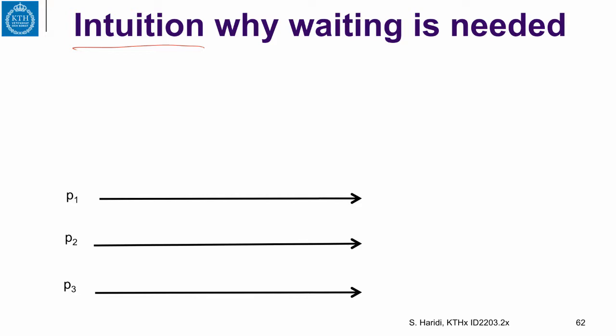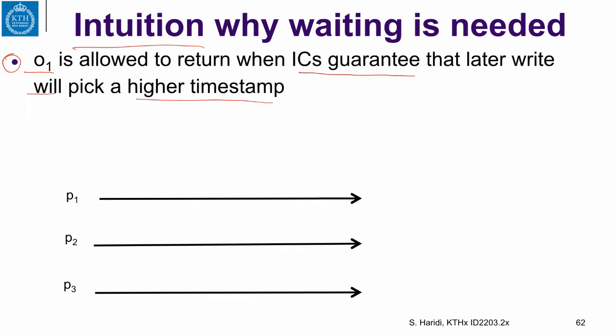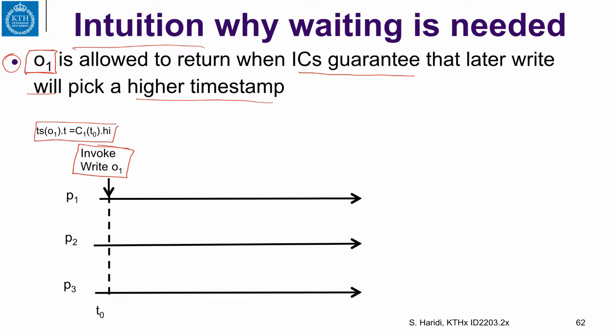Let us build an intuition about why you need to wait before returning from a write operation. We want to wait until we guarantee that operation O1 will return only if we are sure that the next operation will pick a higher timestamp. So here we invoke the write operation O1, and here is our timestamp condition.